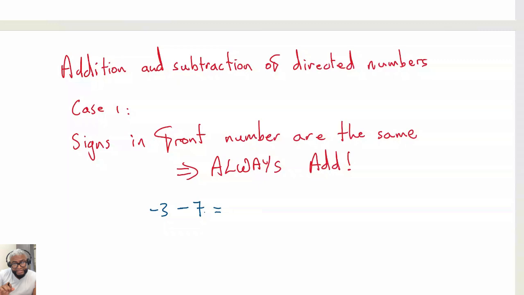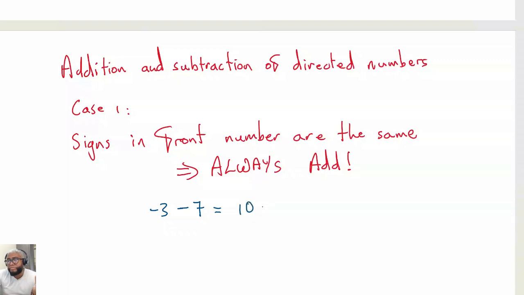It's really a negative and a subtract sign in the middle, but you read it as the same. Yes or no? Yes, sir. So you always add. This is going to confuse a lot of people. You always add. So -3 minus 7 would actually give you 10.